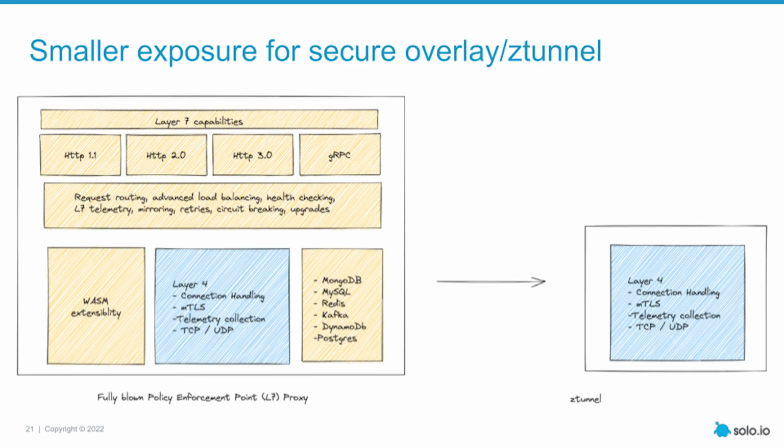That Z-tunnel component probably shouldn't be Envoy. And there's work in the community to significantly optimize this component to give it exactly what I've pictured here. The surface area should be scoped down and should be as limited and small as possible because it's just handling connections and mutual TLS.